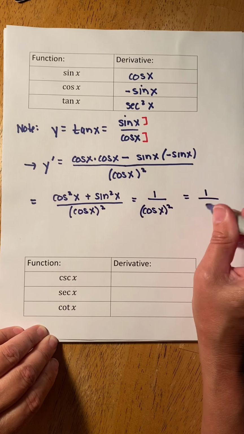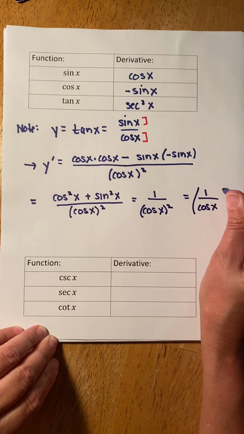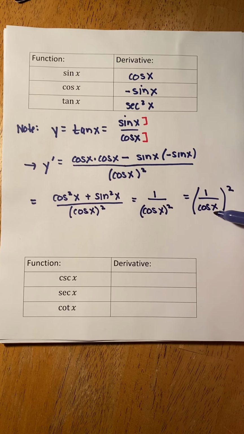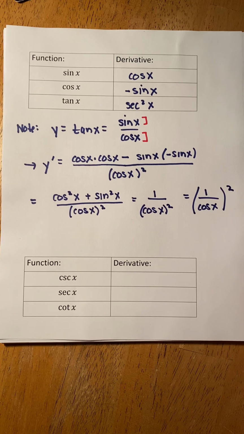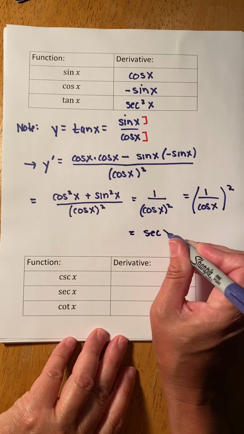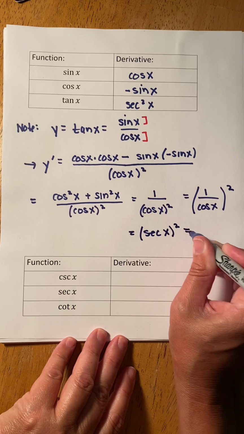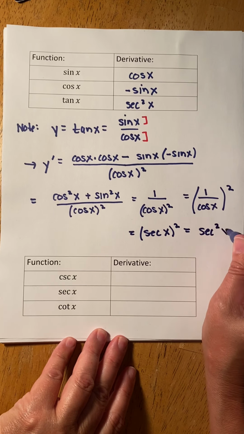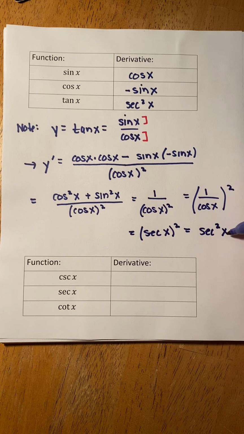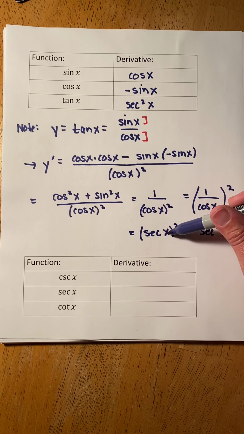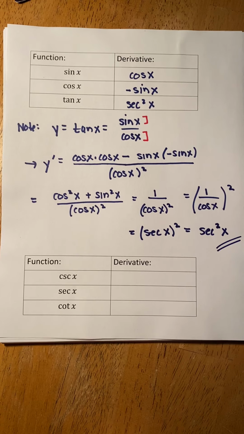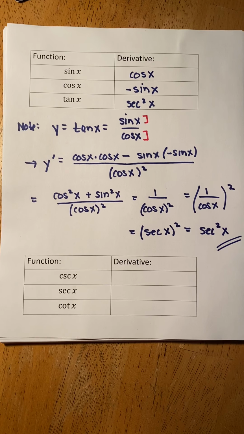Algebraically, if we distribute the power, we get 1 squared over cosine squared, which is 1 over cosine squared. But 1 over the cosine is the secant. So this is just the secant of x squared, which we write like this. This is just a notation thing. The squared in here is just so we don't mistakenly square the x. This says take the secant of this value and then square the result. So the derivative of the tangent is the secant squared.